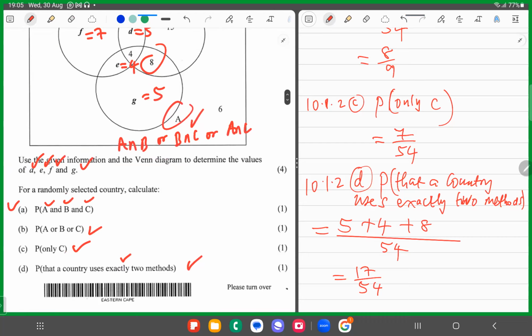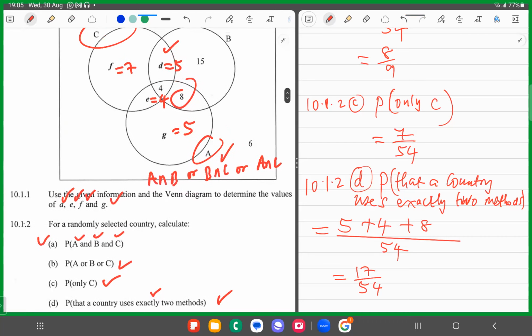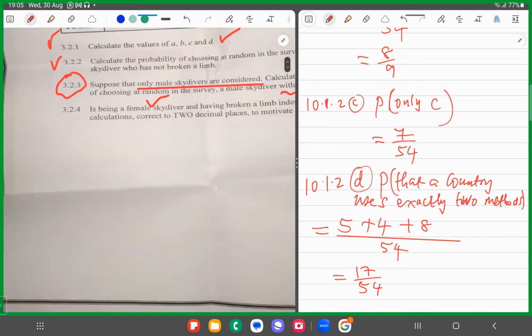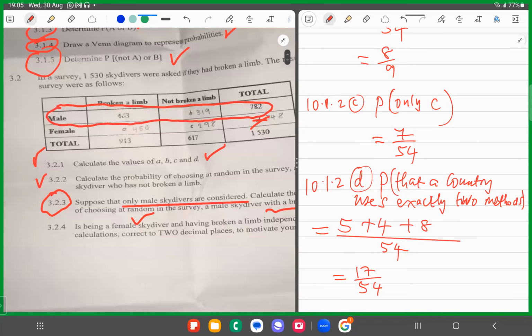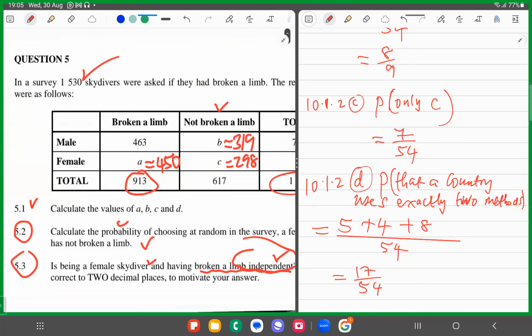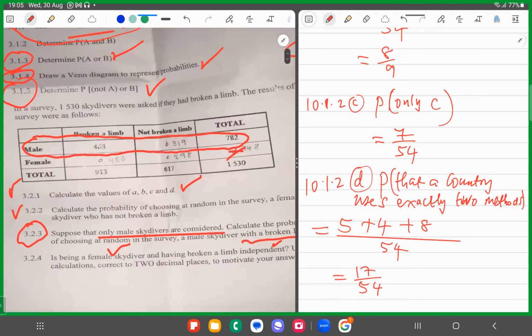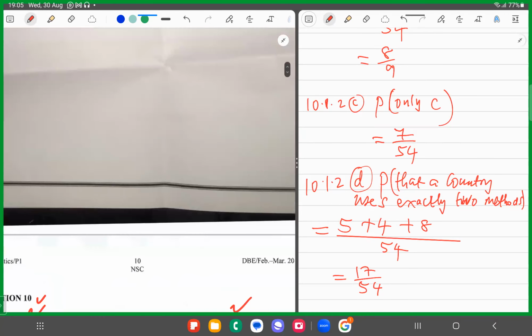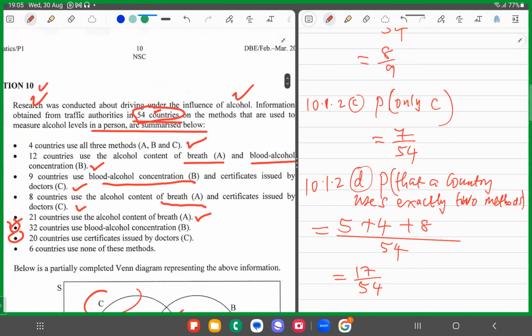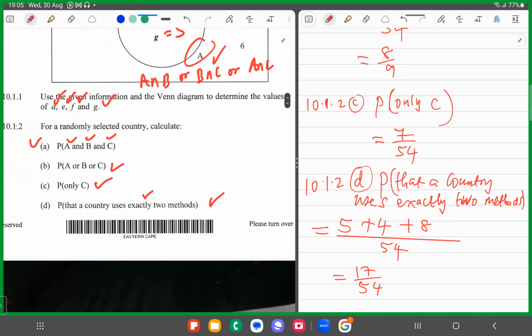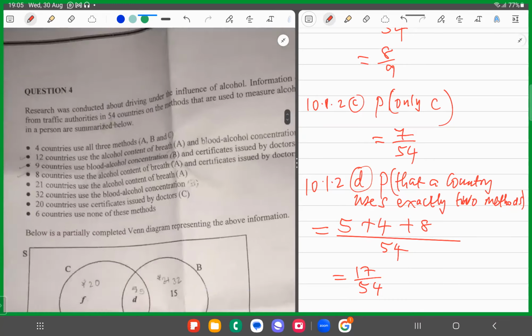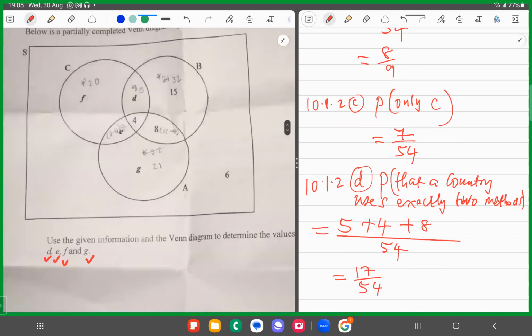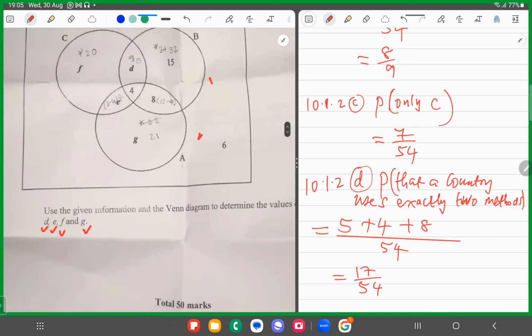And then we are done with this question. We are done with this one. Your teacher asked you this, so we got 100% there.